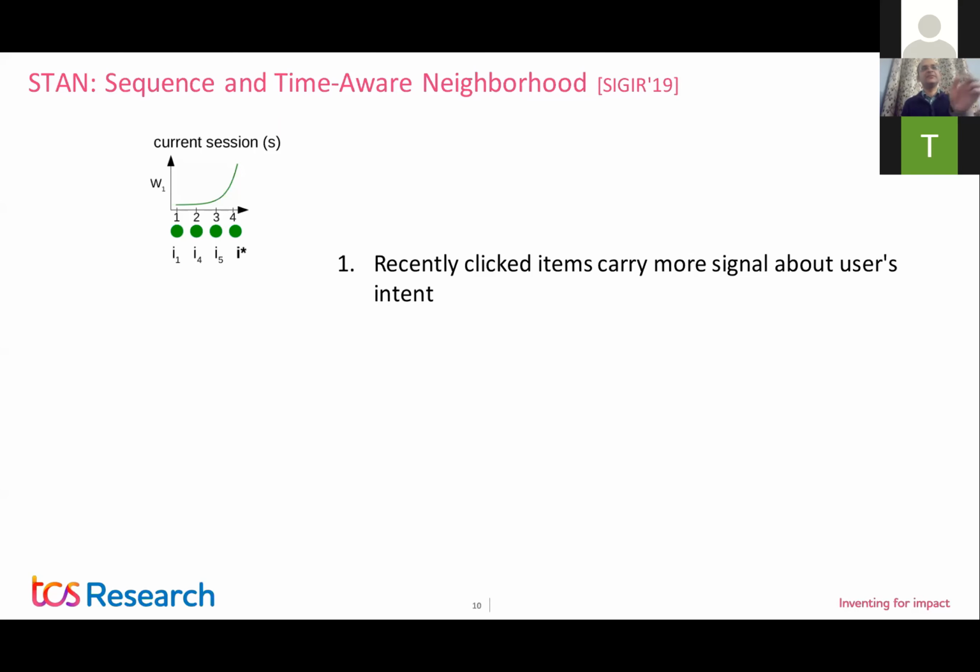This is a very small example of 4 items, but imagine the user has seen 10, 15, 20 items. Then you can reasonably assume that the more recent items that the user has interacted with are more relevant, and you want to show items which are similar to those rather than something which the user saw in the very beginning of the session, because the interest of the user evolves as the user is exposed to more and more items, right? So this is the first aspect.